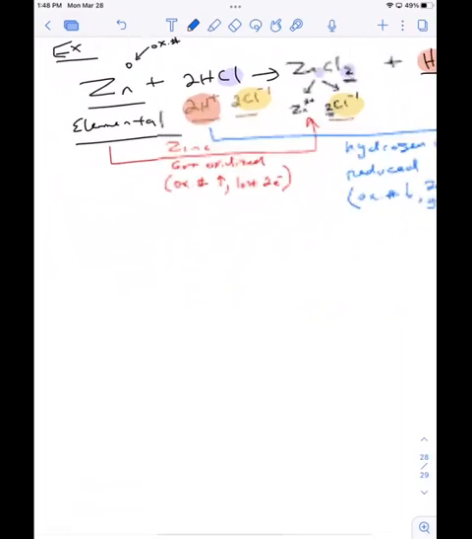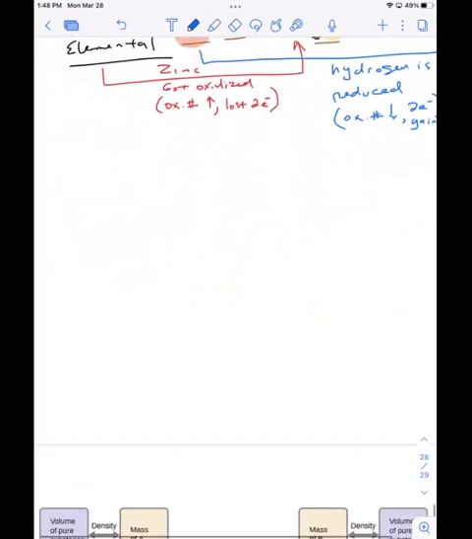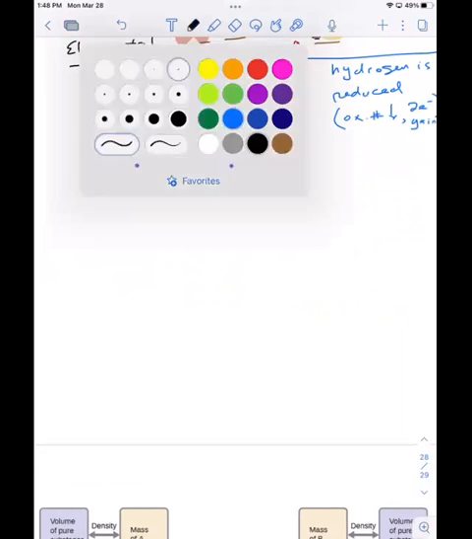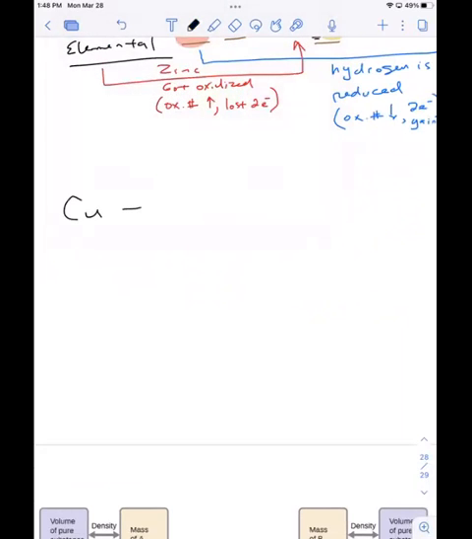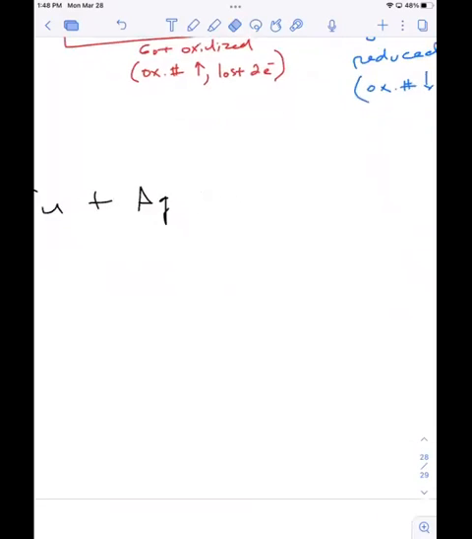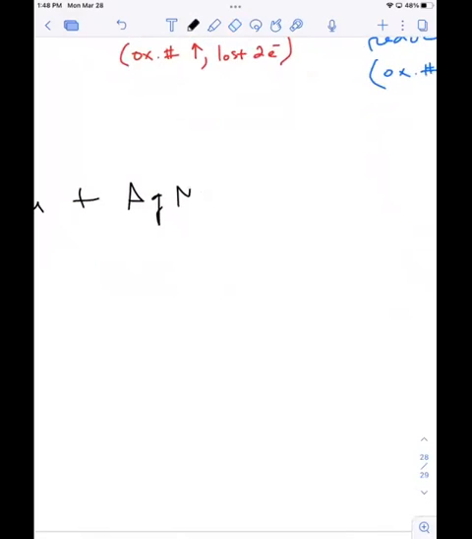Depending on how fast we get through this, I may be able to squeeze in one more example. So let's say we have copper plus silver nitrate, a reaction that you're going to do at some point.